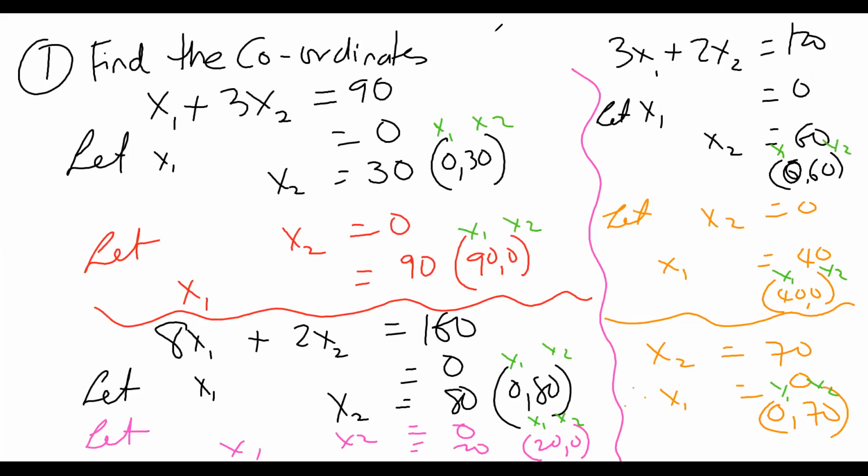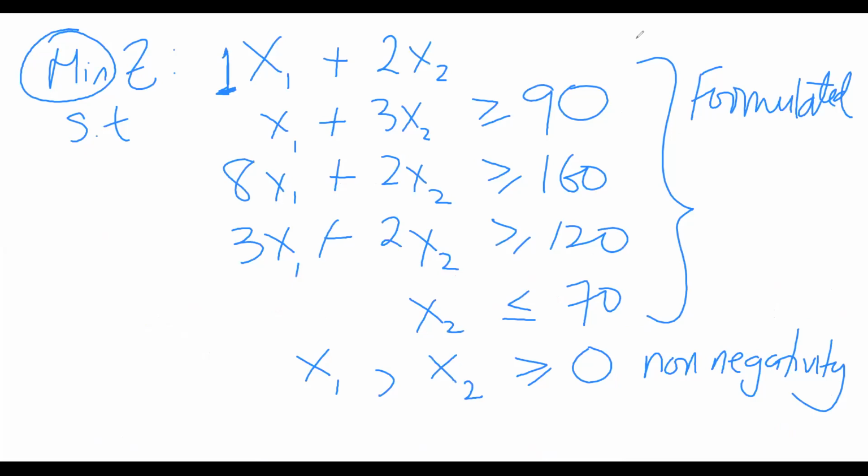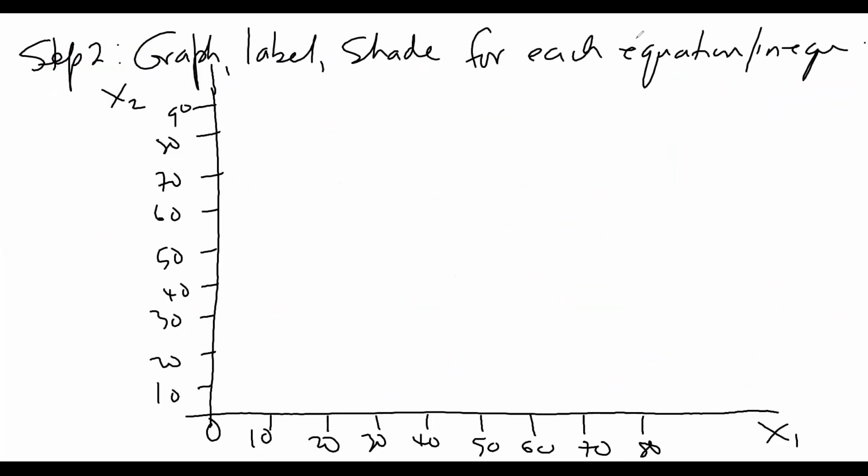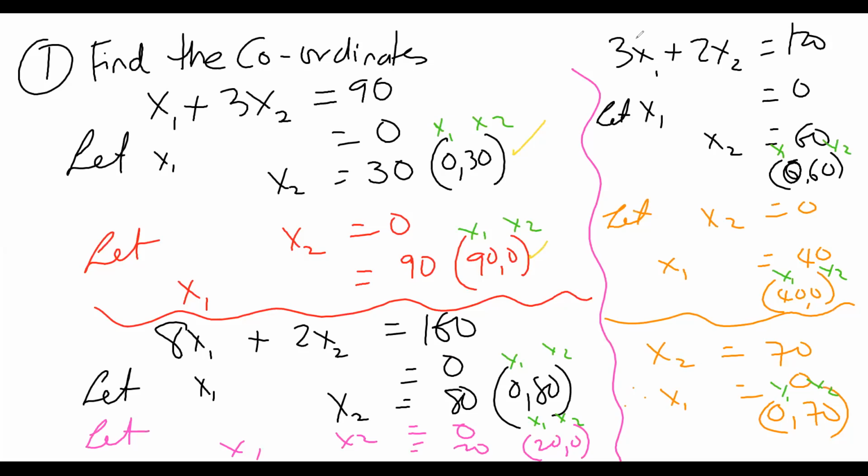So we're going to begin by graphing, and I'm going to use one color for each. When x1 is 0, x2 is 30. When x1 is 90, x2 is 0.